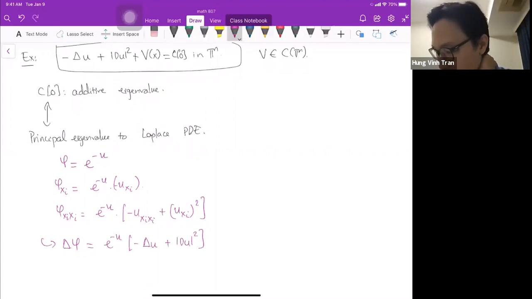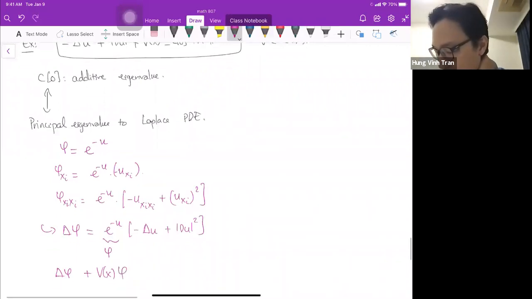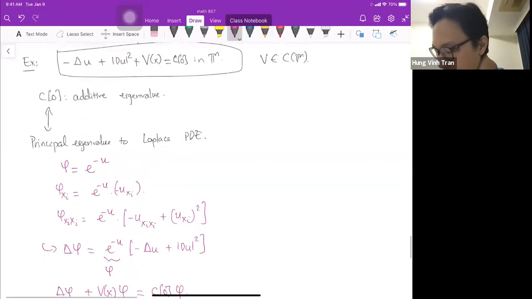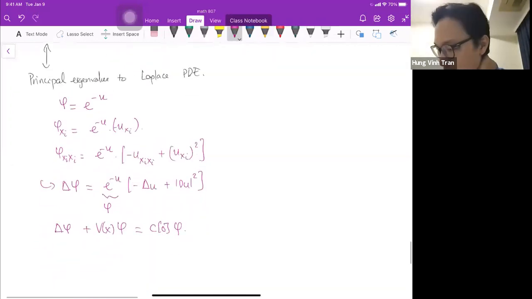So now you multiply your PDE with phi, so you would have that Laplacian of phi plus V of x multiplied with phi equals c naught multiplied with phi. If I'm not mistaken, I think so.